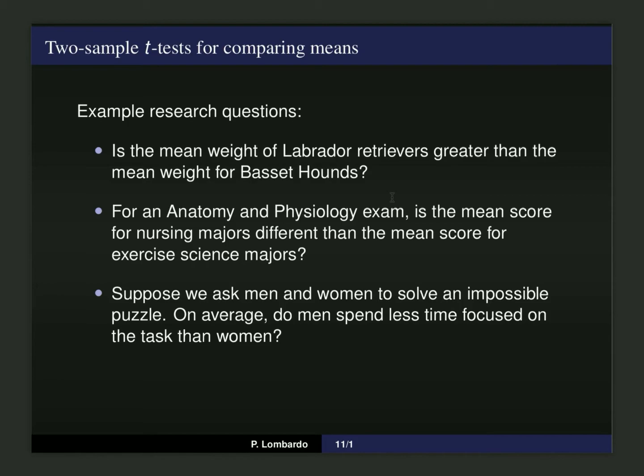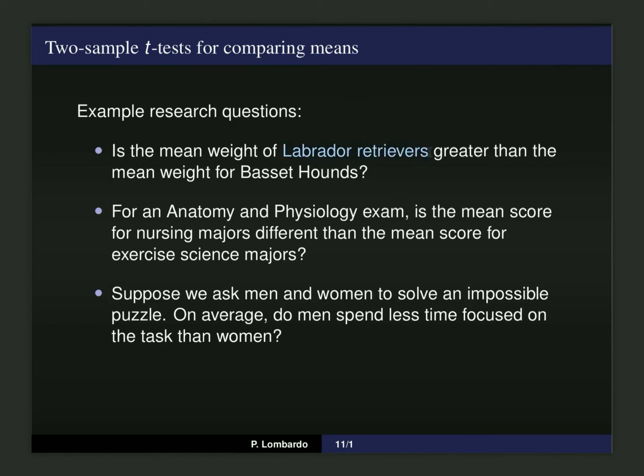For an anatomy and physiology exam, is the mean score for nursing majors different than the mean score for exercise majors? Suppose we ask men and women to solve an impossible puzzle. On average, do men spend less time focused on the task than women do? These are all great research questions that we can actually test using the two-sample t-test for comparing means. The idea is we think about, for each one, two different populations.